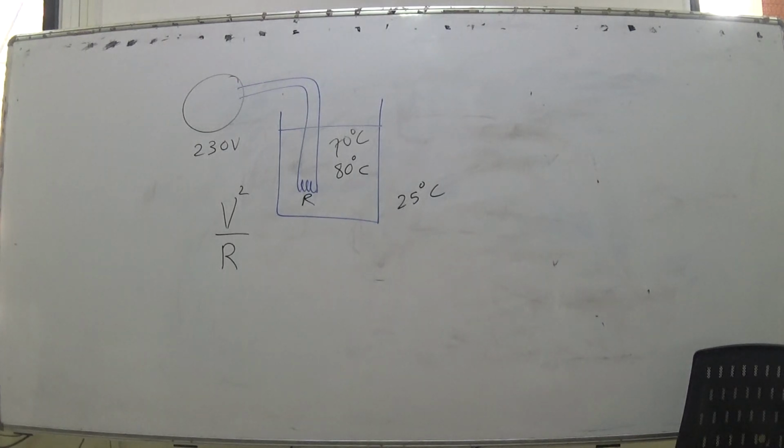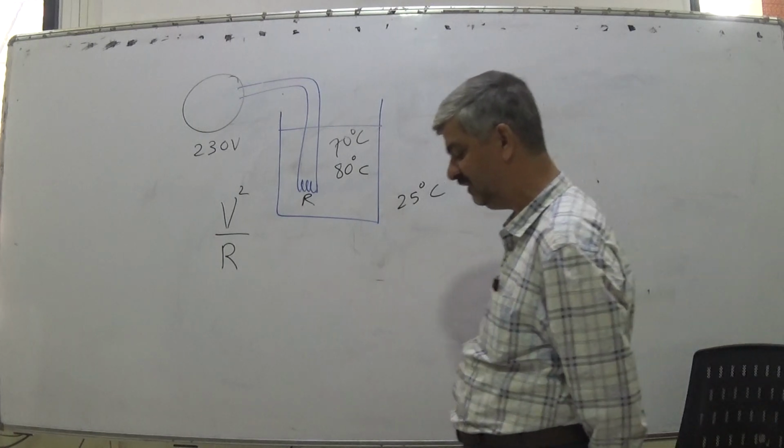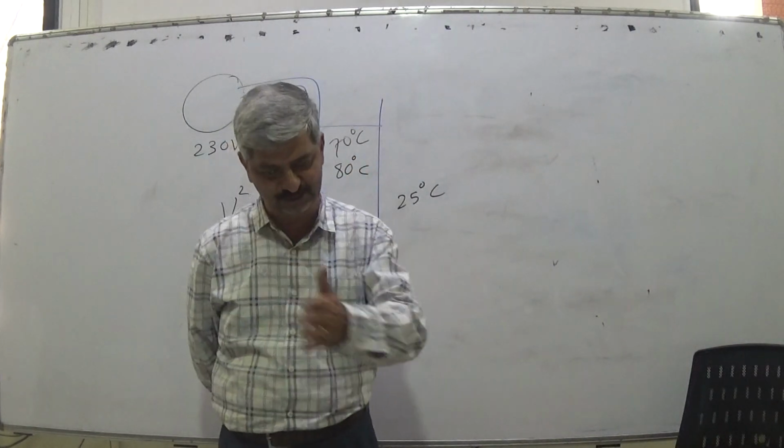So one option is having a dimmer maintained at 115 volts with the heater continuously on.